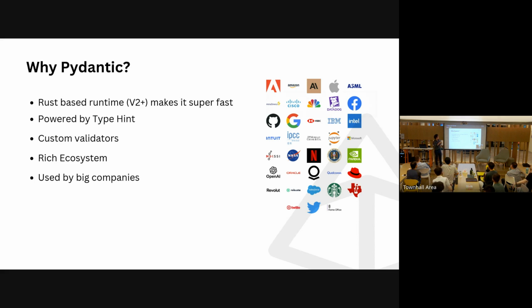In version 2, the runtime has been rewritten in the Rust programming language, which makes it super fast. It uses type hints, and you can write custom validators on top of it. Of course, it has a rich ecosystem and is used by FAANG and a lot of enterprises around the world.